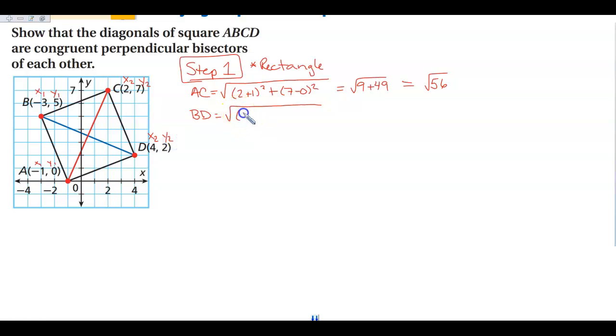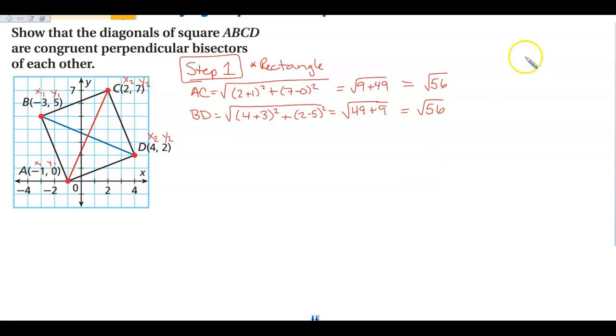So I have 4 minus a negative 3 for x2 minus x1, and y2 minus y1 is going to be 2 minus 5, quantity squared. So 4 plus 3 is 7, 7 squared is 49. 2 minus 5 is negative 3, negative 3 squared is 9. So again, we have the square root of 56.